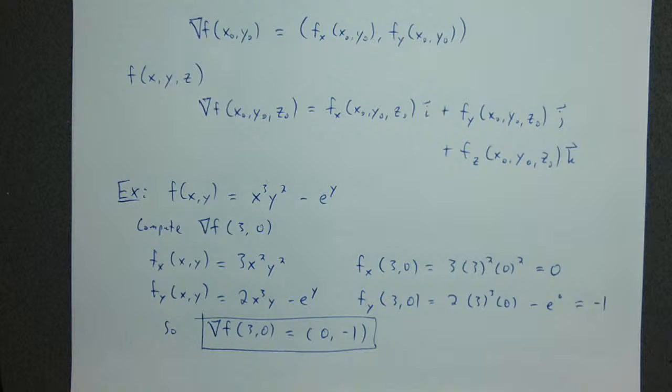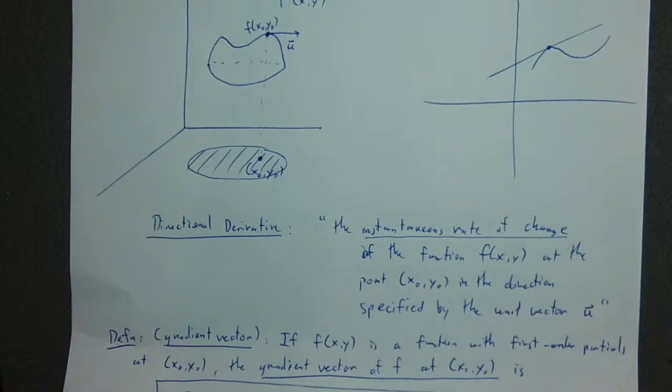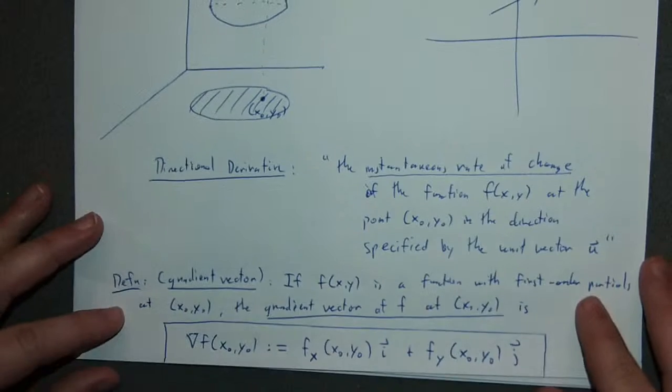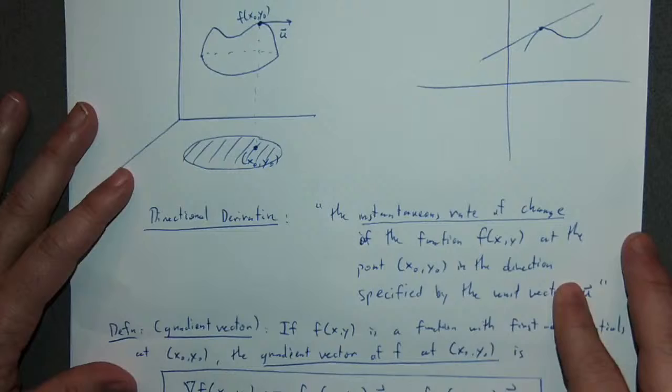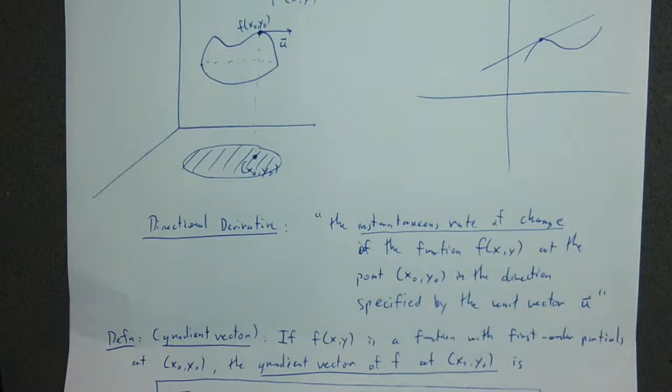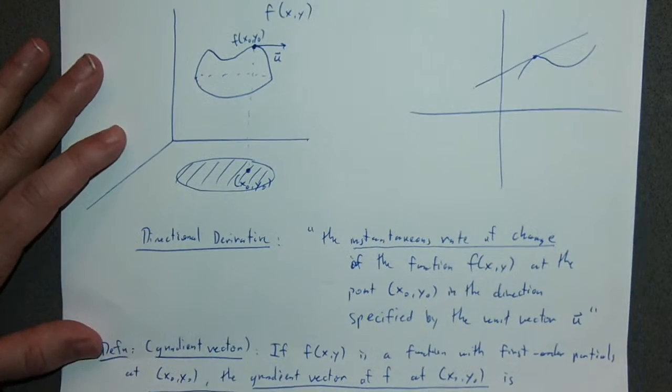So what is the gradient vector computing? It can be a little bit confusing. You look at this gradient vector, it's defined in terms of the partial derivatives. You look at the picture that you have here, and because you associate derivatives with objects that are tangent, you might be tempted to say that this gradient vector is tangent to the graph of this thing at a point.